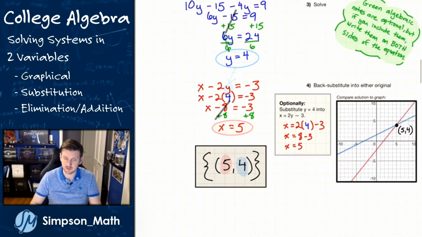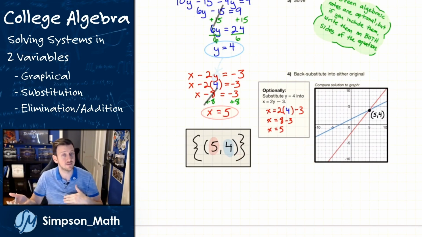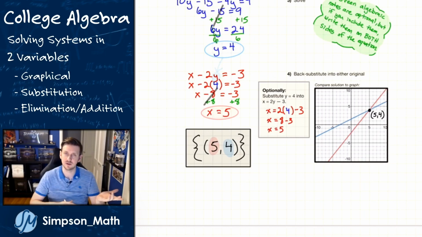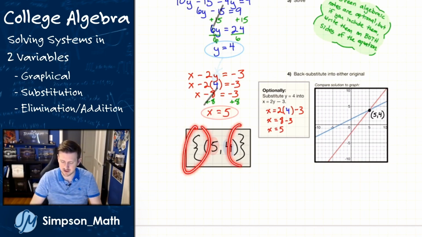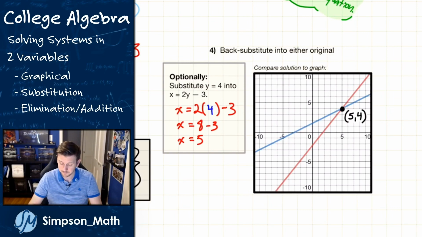I could ask you to graph a parabola and a line, and in that case we would have two solutions, so we would have a second ordered pair inside of that set bracket. Later, when we have infinite solutions, that's a set of many. And technically, when we have no solution, it's the empty set. So this is just a technical mathematical thing. I would like you to put the set notation brackets around your set of ordered pairs.